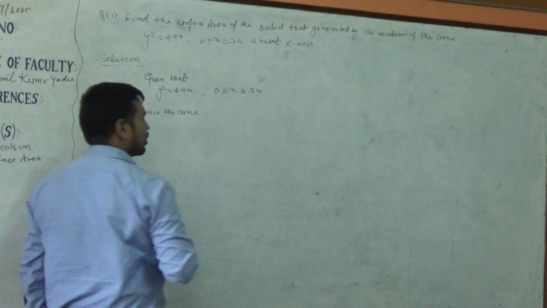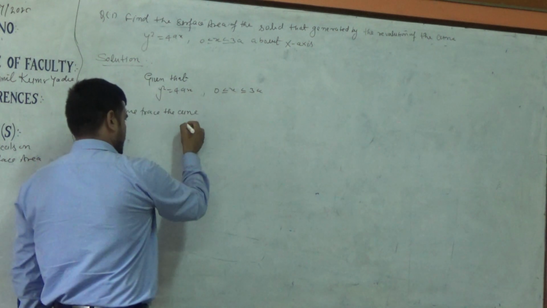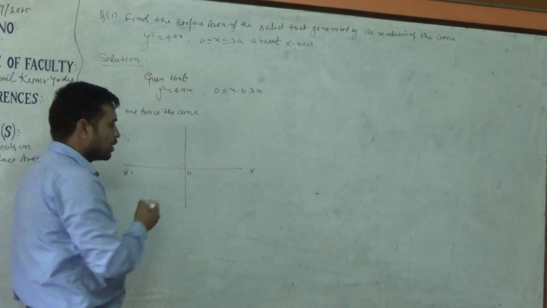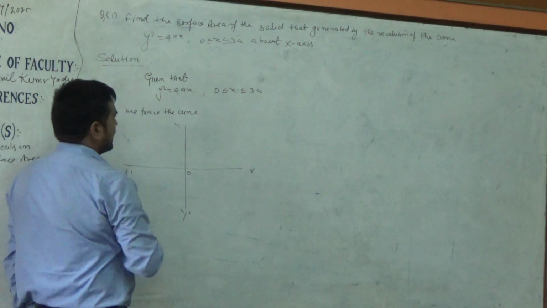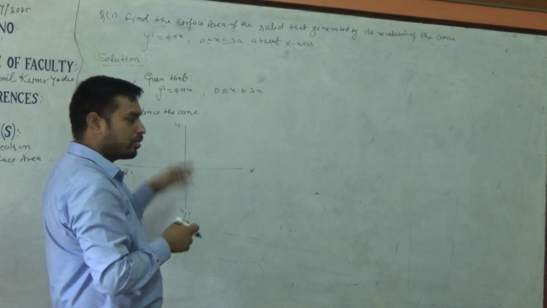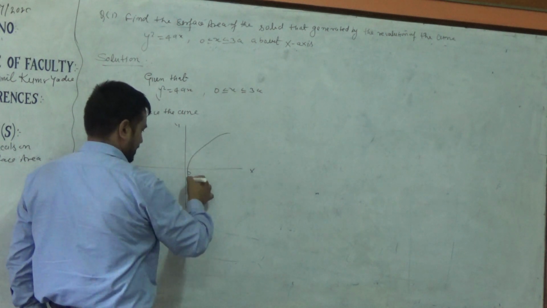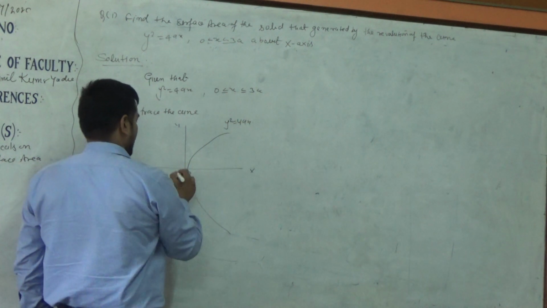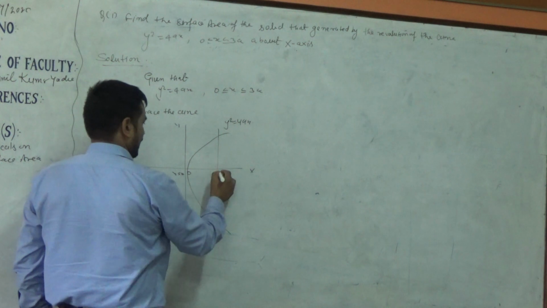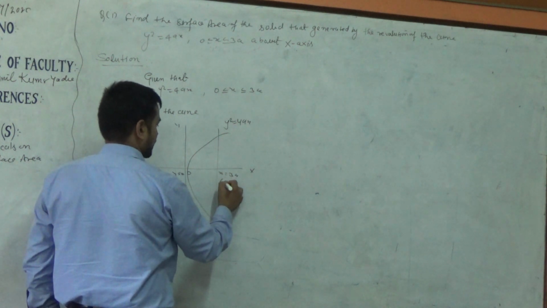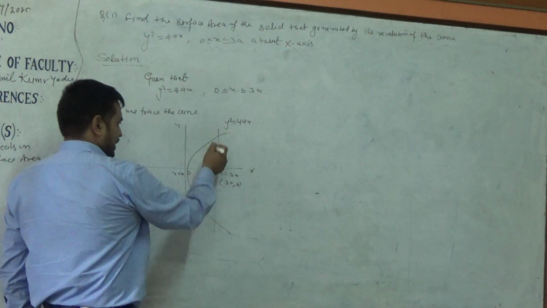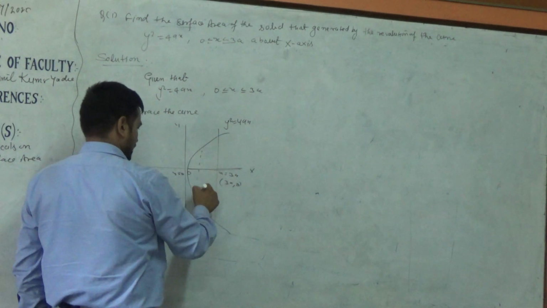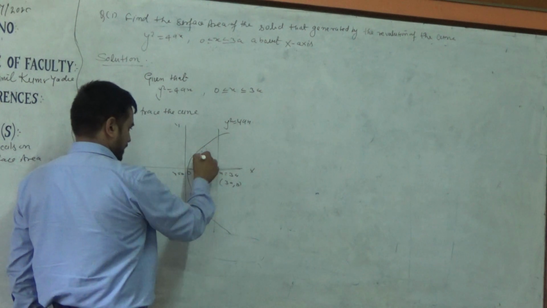The given curve is a parabola which is symmetric about the x-axis. It runs from x equal to 0 to x equal to 3a, and the point will be (3a, 0). This curve is rotated about the x-axis.